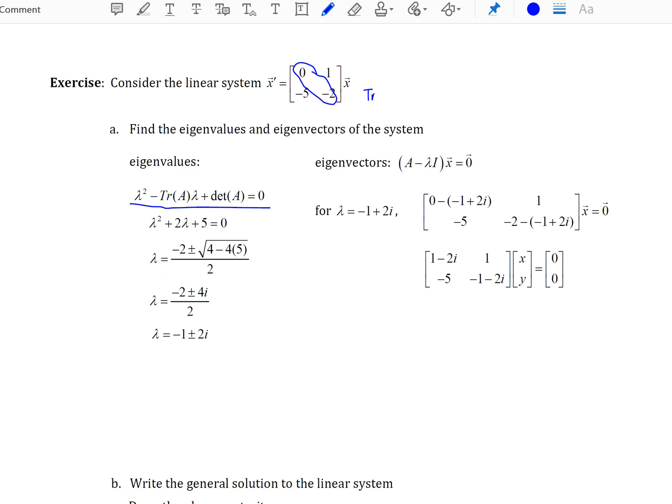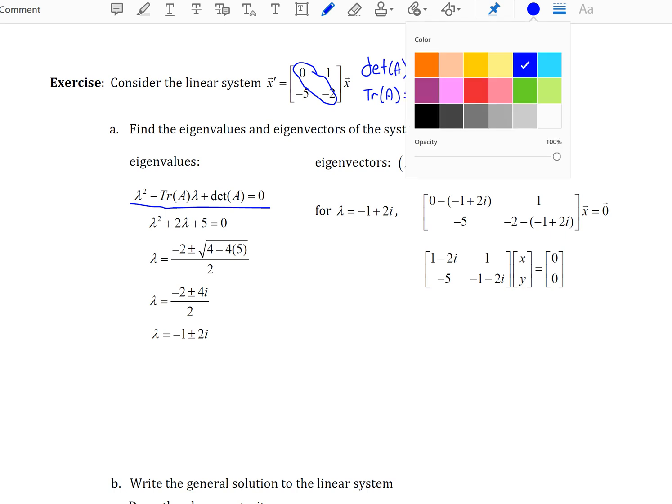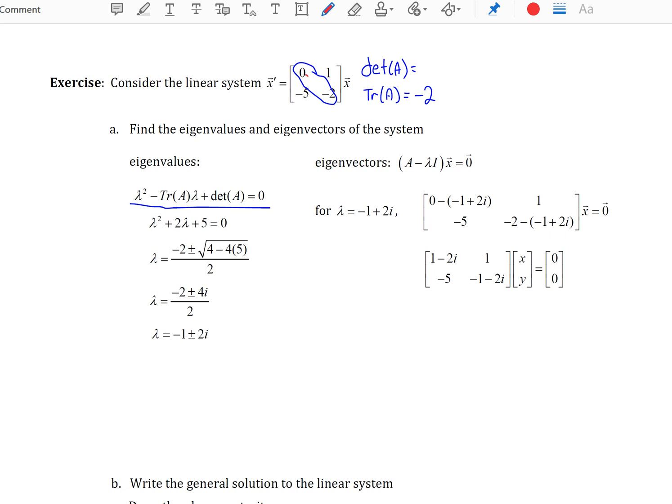So here the trace of A is -2. And your determinant of A, remember, is going to be the product of your main diagonal, which is going to be 0, minus your off diagonal, which ends up being +5.